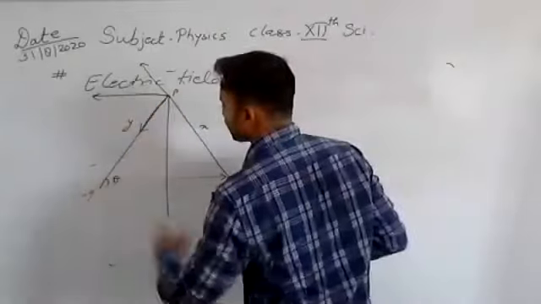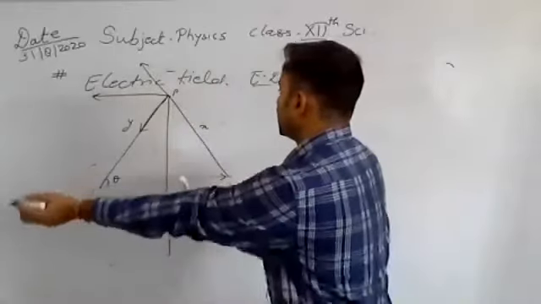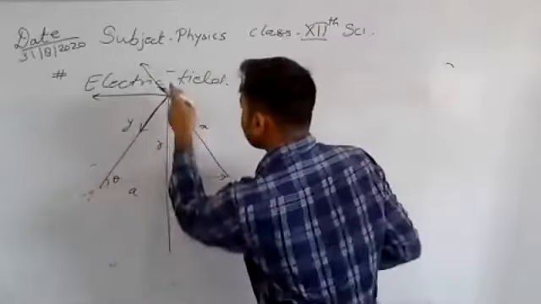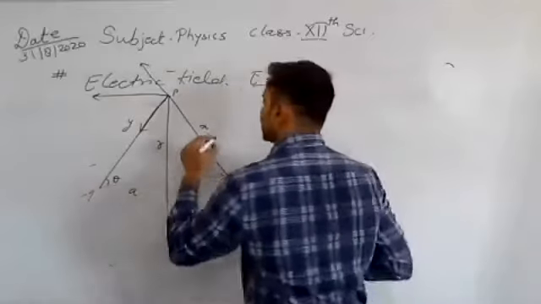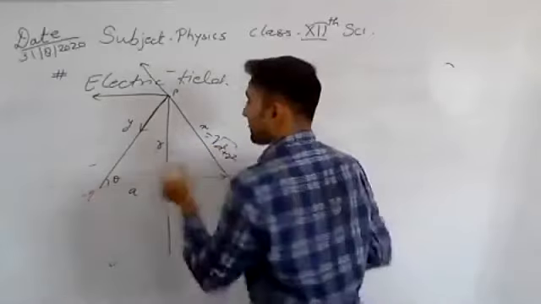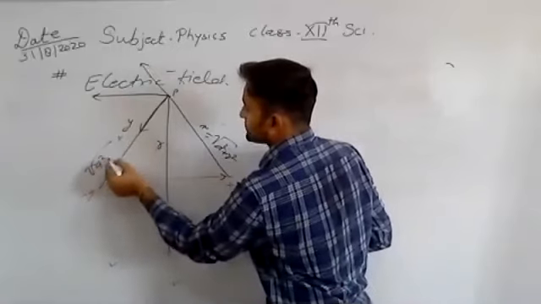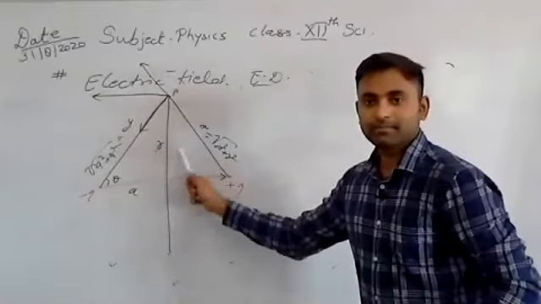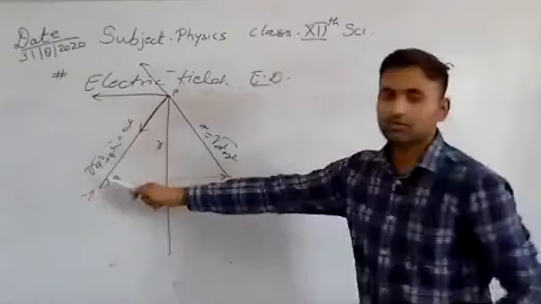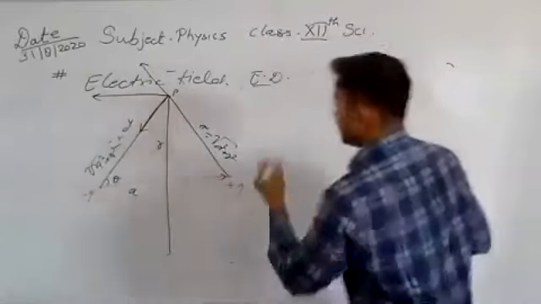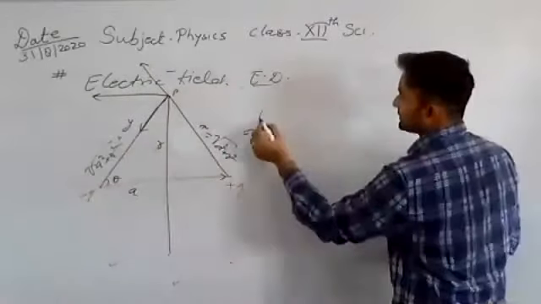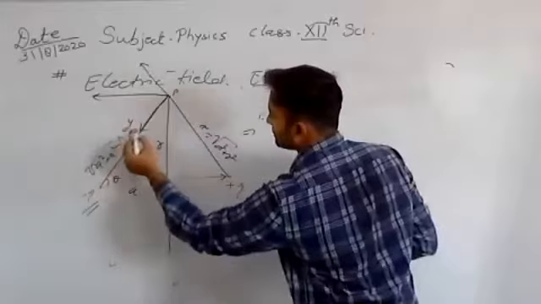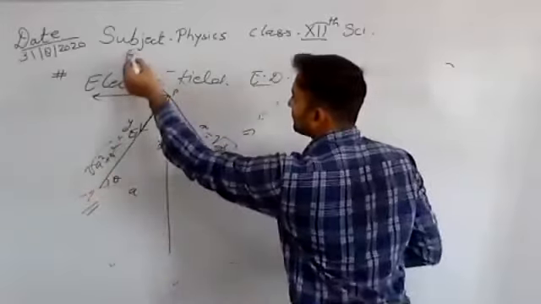Let's say this is theta. So if it is A, it is R. What will be the distance of Y and X? X will be root A square plus R square, and this Y will be root A square plus R square. Due to Pythagoras theorem, we can say that this distance will be root A square plus R square. Okay, now what about the electric field here? The electric field, let's say due to this charge I have E1, and due to this charge I have E2.